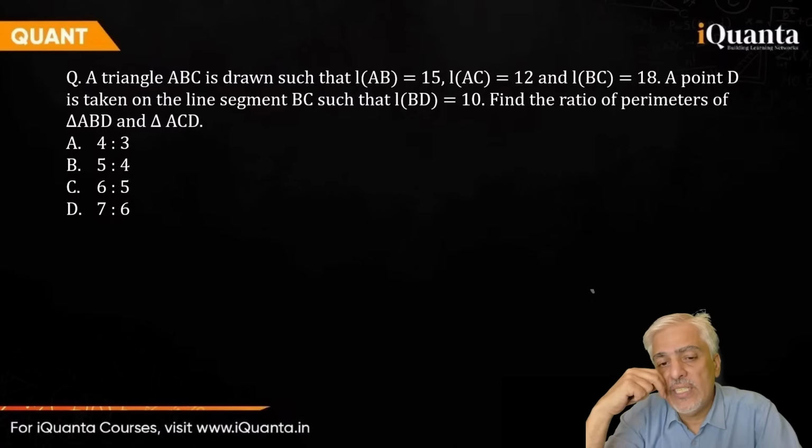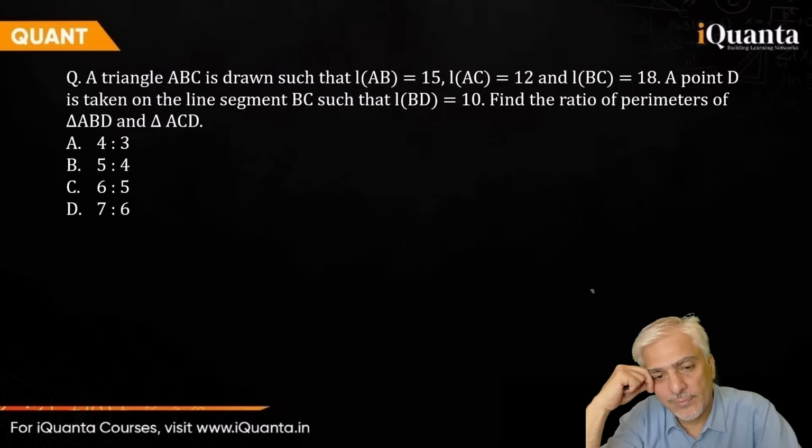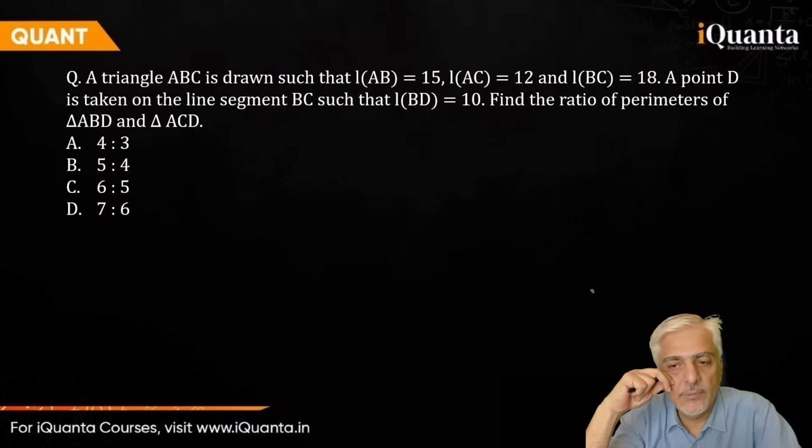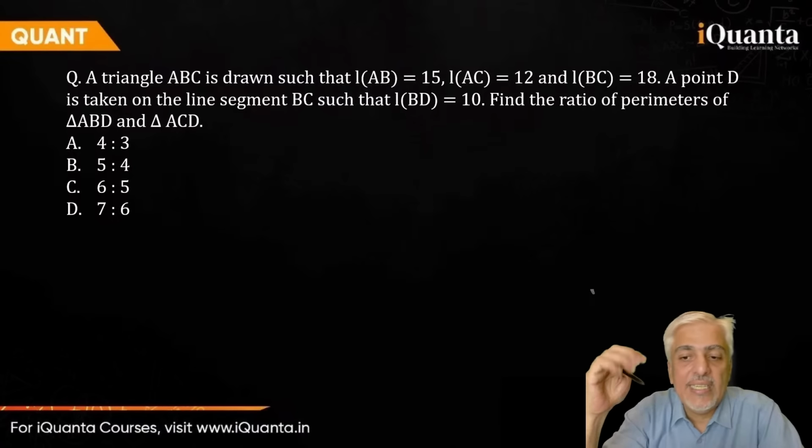A triangle ABC is drawn where AB is 15, AC is 12, BC is 18. 12, 15, 18, all three sides. A point D is taken on line segment BC, so that BD is 10.